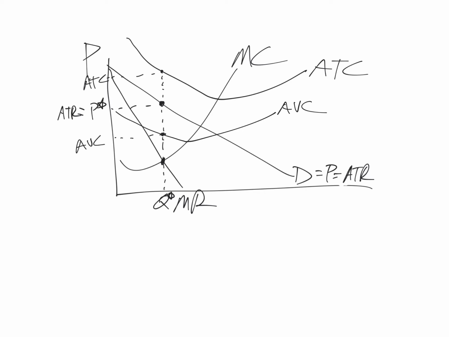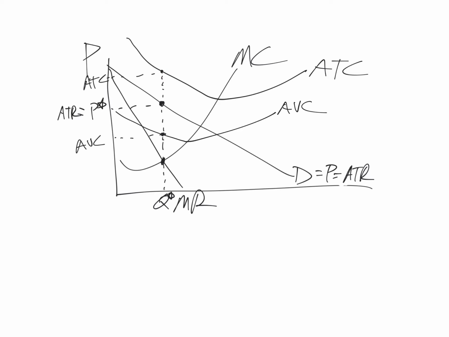Well, average revenues are greater than their average variable cost. So if they're covering their average variable cost, remember the rule is they loss minimize in the short run by operating. Because remember, if they shut down, they still have to incur the fixed cost.